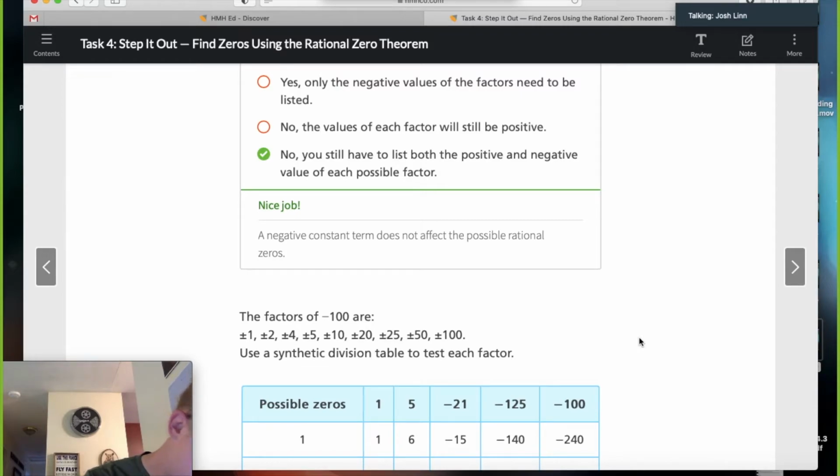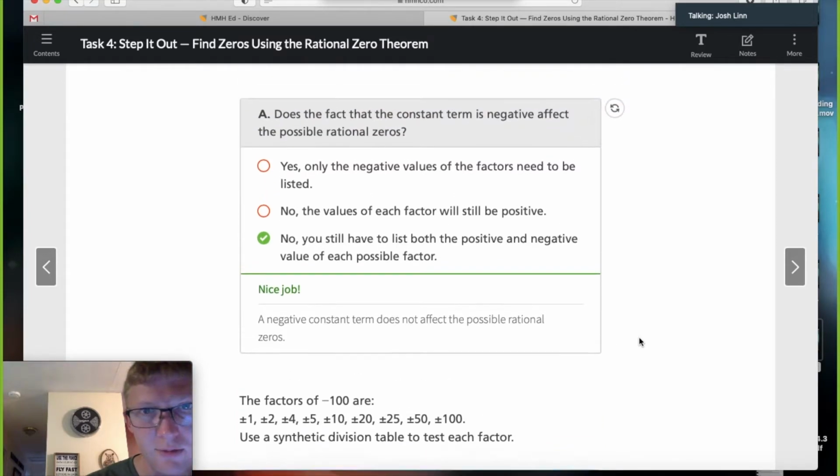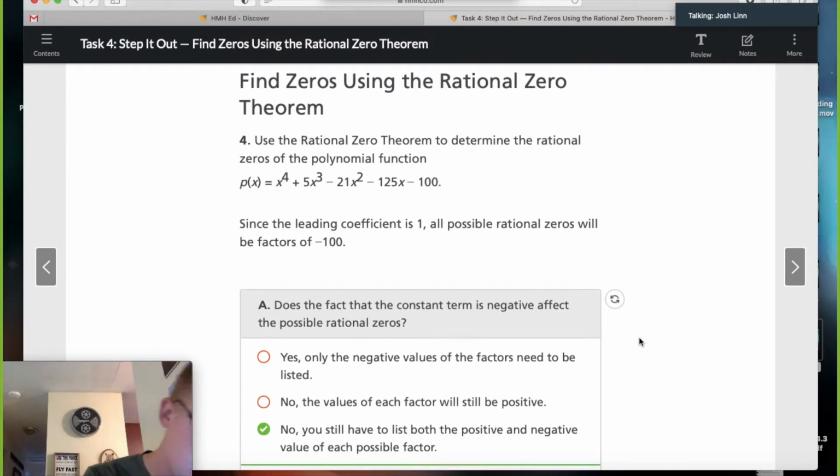So we'll put it in red. So our possible zeros, or our coefficients, going across are 1, 5, negative 21, negative 125, negative 100.